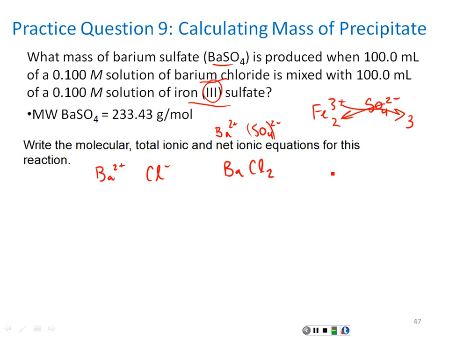That would give us a formula of Fe2(SO4)3. You'll see that the charge would be 3 times -2, which is -6, and 2 times +3 is +6. So our charge is equal. That's the easy way to find the formula of an ionic compound where you don't know the ratios of the 2 ions in the compound.